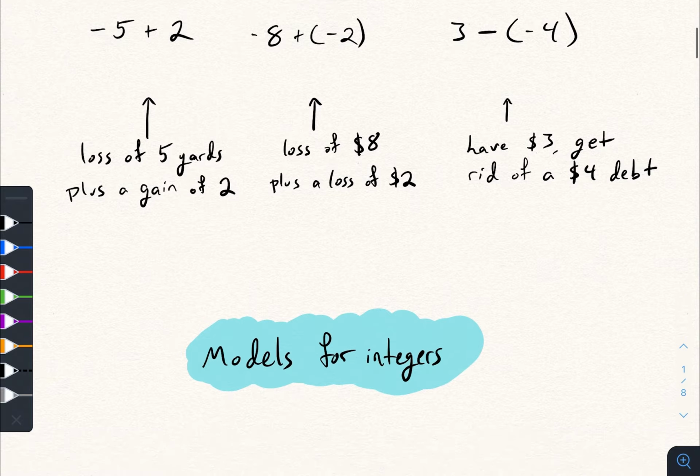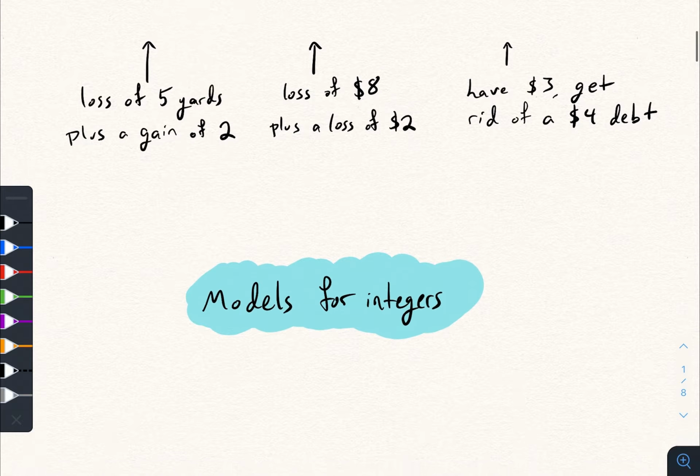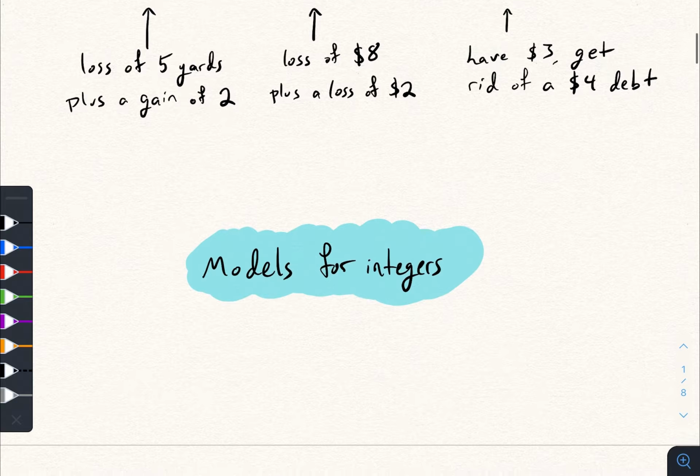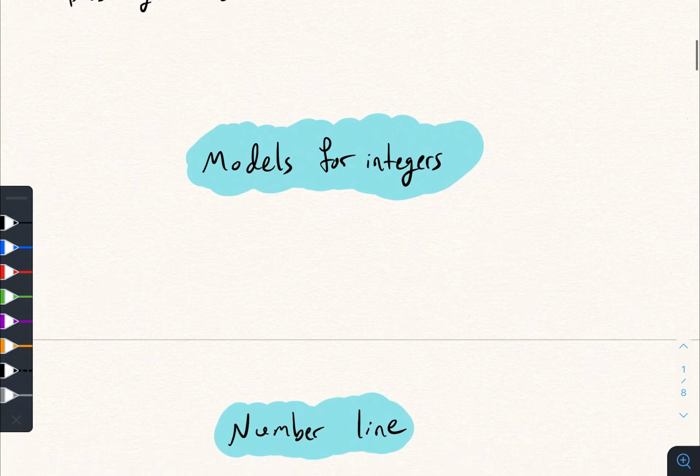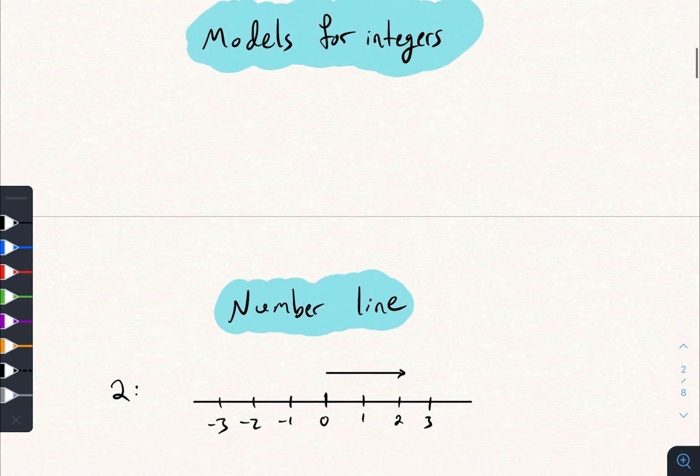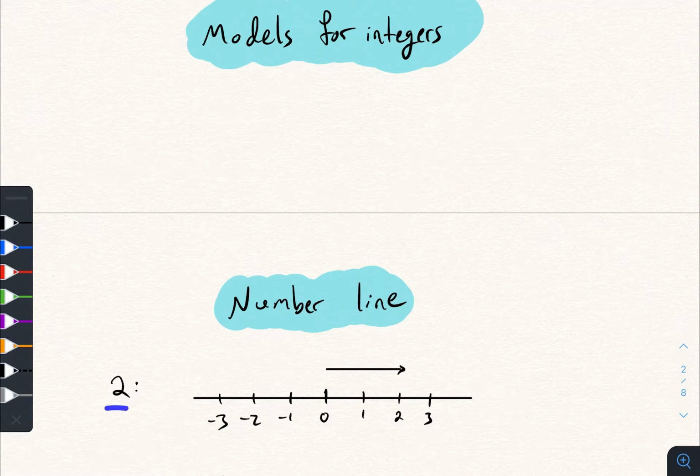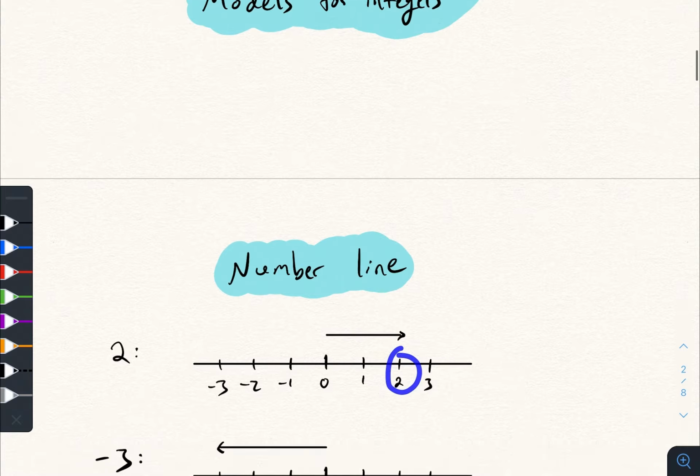But next I want to talk about some more classroom models for integers. The first one I want to talk about is the number line. So for example, I could represent the number 2 on the number line with just an arrow starting at 0 and pointing towards the number 2. Okay.